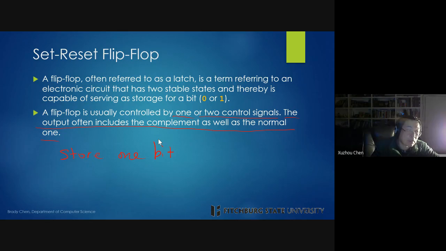Okay, so now if you want to build 1 kilobyte, that means you need 1024 bytes, or 1024 times 8 bits, right? So you need to put together that many flip-flops. A lot, right?